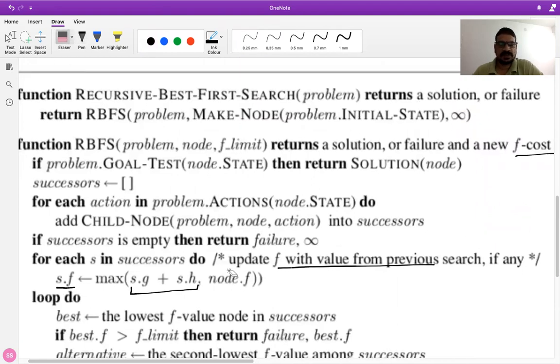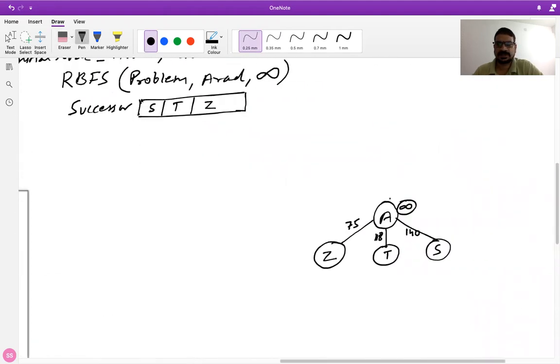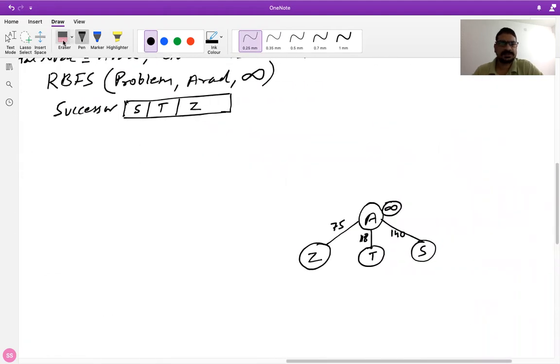For Arad, there is the f value, and there is another called the f limit.